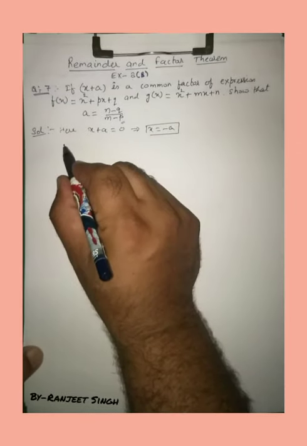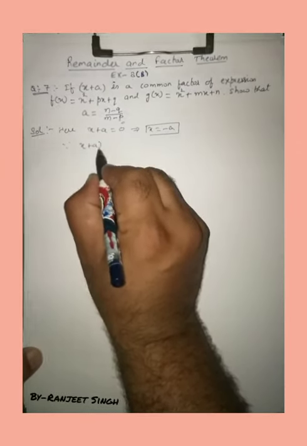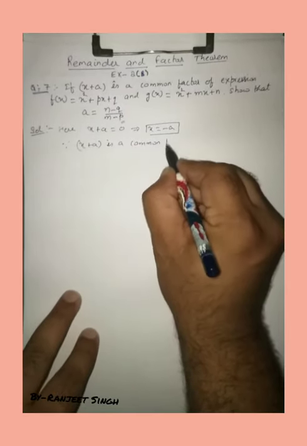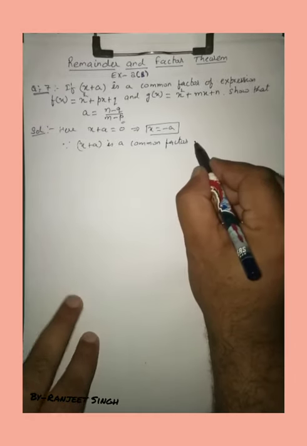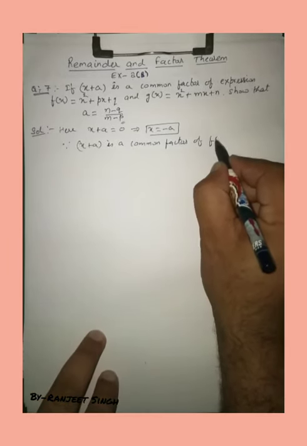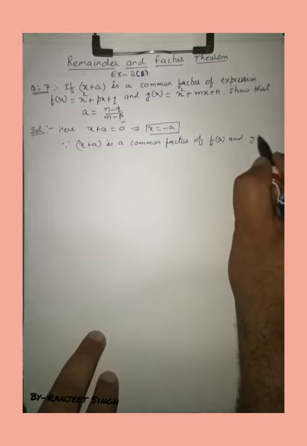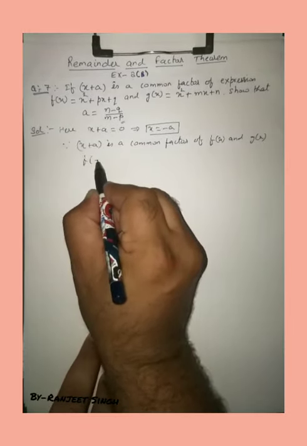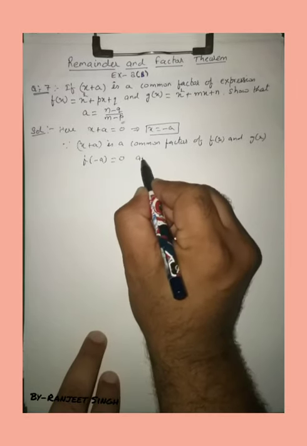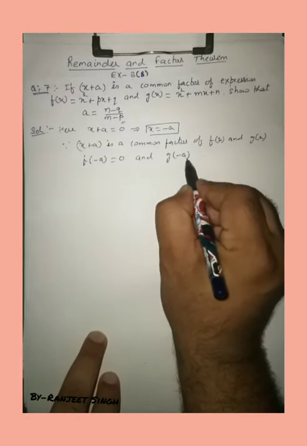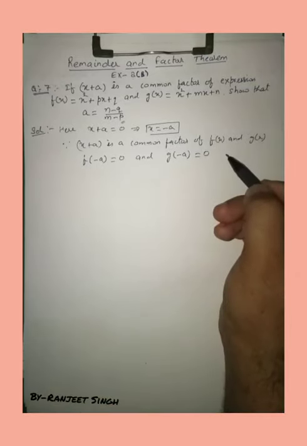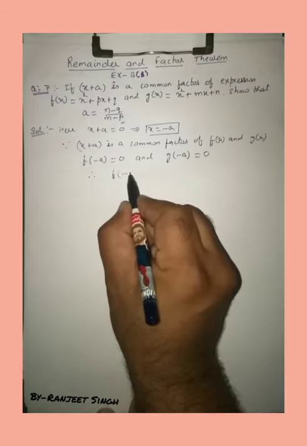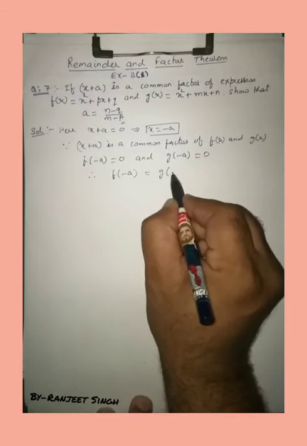Now since x plus a is a common factor of both the expressions, f of x and g of x, then we have f of minus a is equal to 0 and g of minus a is also equal to 0. Since both are equal to 0, therefore f of minus a is equal to g of minus a.